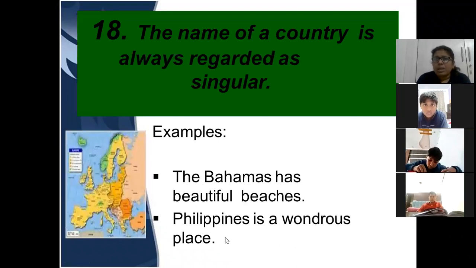Now, the name of a country is always regarded as singular. Whenever you are talking about a country, you will always use is. Okay. The Bahamas has beautiful beaches. Philippines is a wondrous place. We never say Bahamas are beautiful, have beautiful beaches. No, it is singular.